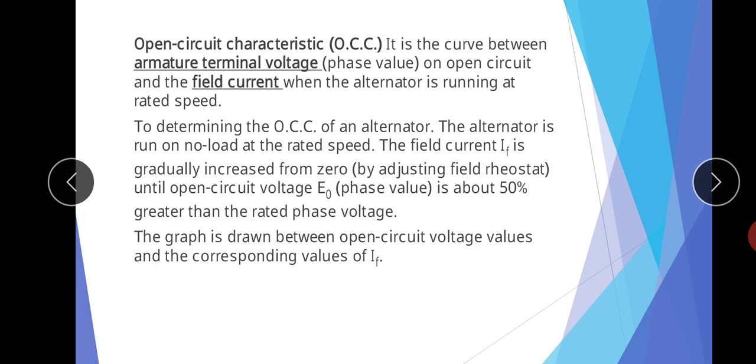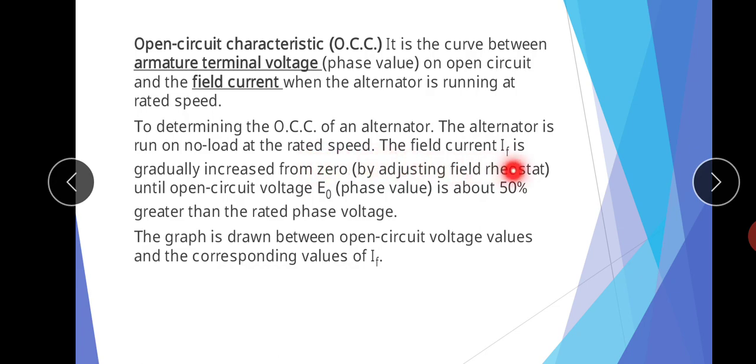In the impedance method, here we determine the OCC of an alternator. The alternator is run on no load, meaning no load is connected to the stator, at rated speed.